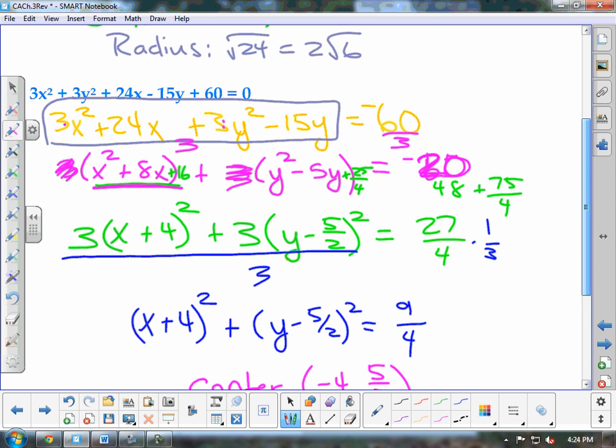Then when you completed the square of this, it would still be x plus 4 squared, and you would have just added a negative 20 plus 16, and then here it would be plus 25 over 4. And then that would have gotten you right to that value. And you wouldn't have had to do this dividing at the end. It doesn't matter when you do it. You can just do it either place.